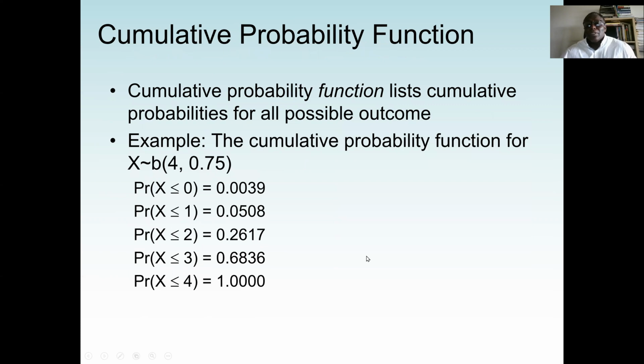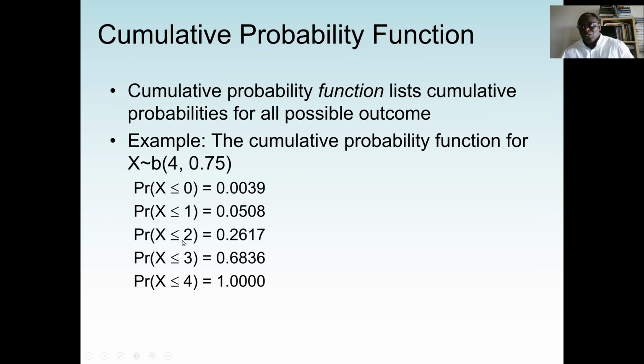The cumulative probability function normally lists all the cumulative probabilities for all possible outcomes based on your condition. My condition here is, for example, what is the probability that x is less than or equal to 0? We start from 0, so we get only 0.003. What is x less than or equal to 1? So we get 0 and 1, whatever value we have in 0 plus the 1, and it will give us 0.0509.